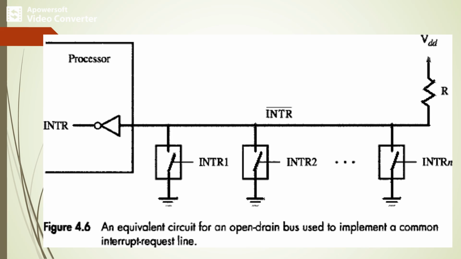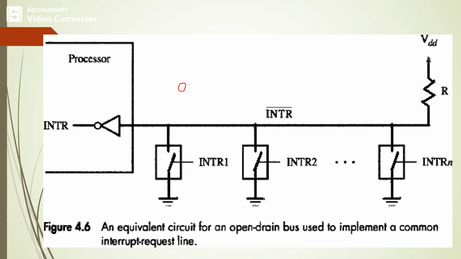Consider the case where all external devices request service over a common interrupt request line. All devices are connected to the interrupt request line via switches to the ground. If all signals INTR1 to INTRN are inactive, that means all the switches are open.